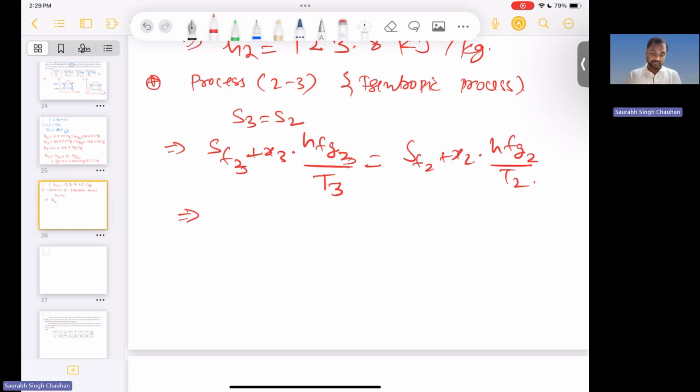Okay, so if you substitute the values, you get 0.2232 plus X3 into 138 divided by T3. I'm not writing the units. Okay, so everything is in SI units, and some units will be cancelled out at the end.